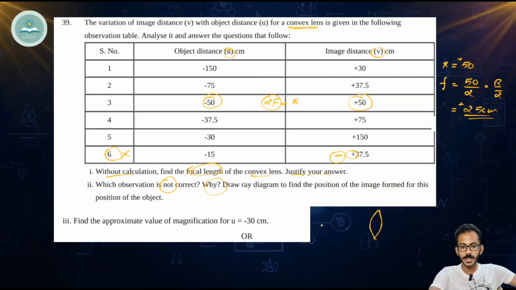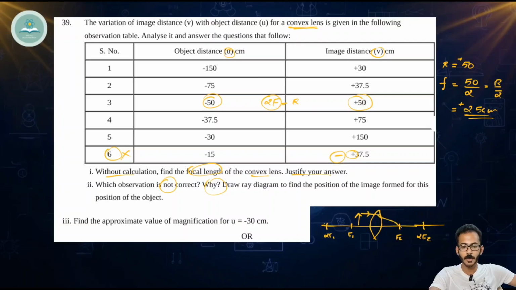We'll draw the convex lens, with F1 and F2 on both sides. Object is kept at minus 15. The focal length is 25, so it's kept before that. It's kept somewhere here. First ray parallel.